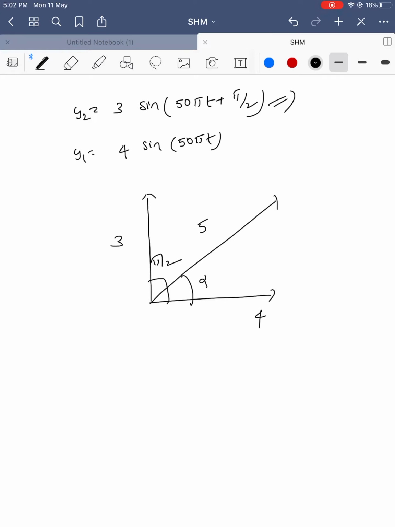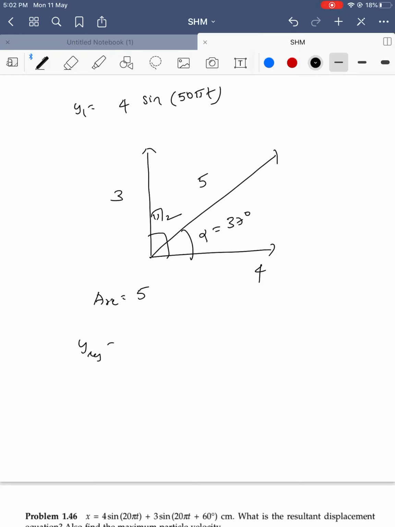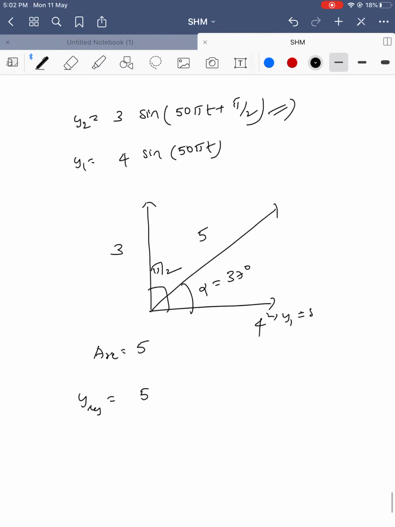How much angle does it make? Tan alpha is equal to 3 by 4. Alpha is equal to tan inverse of 3 by 4, which is 37 degrees. If you write the expressions, the resultant amplitude is equal to 5. So y resultant is equal to 5 into sin 50 pi t, because y1 is 4 sin 50 pi t.